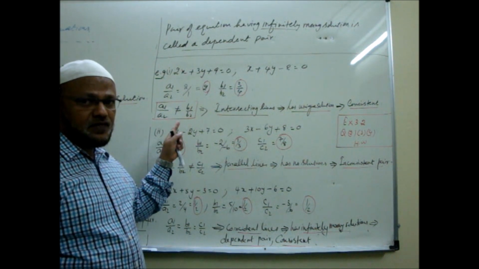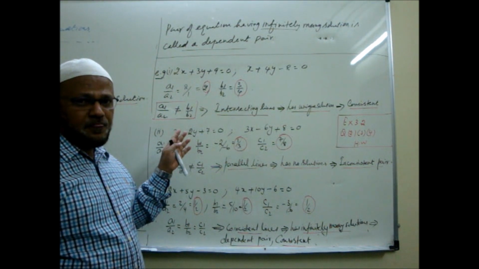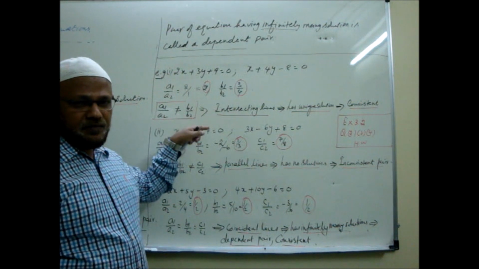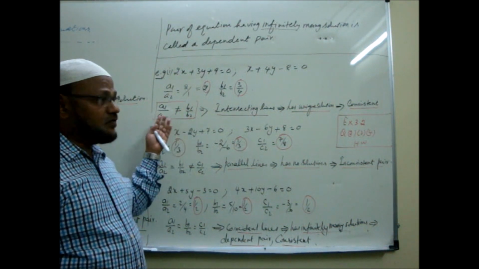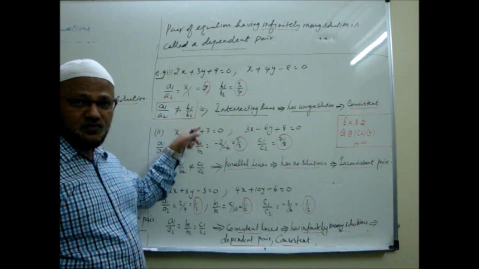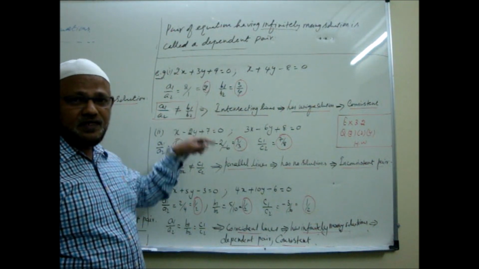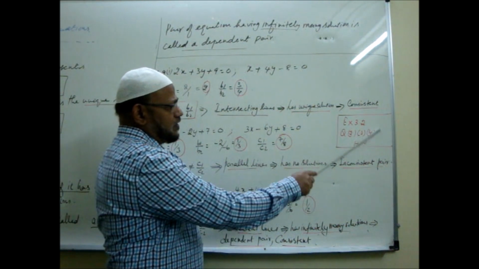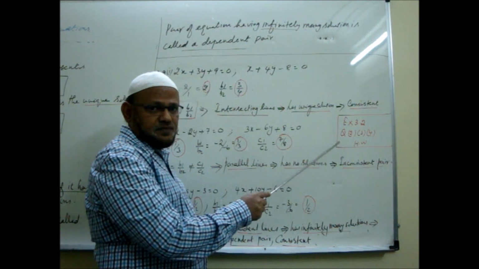There you check that the pair of lines intersects at a point. You check there a1 by a2 and b1 by b2, they will not be equal. a1 by a2 will not be equal to b1 by b2. That is, you will note down that the lines when drawn on the graph sheet intersect at a point. Okay, you will do all these three questions.